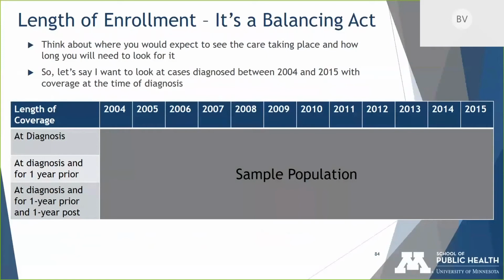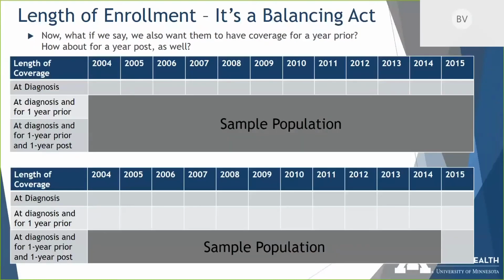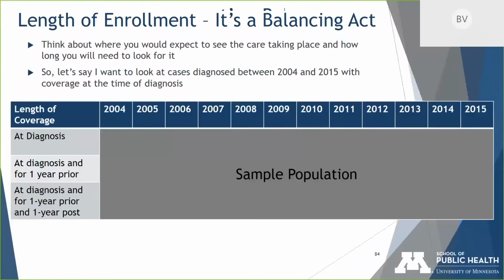So let's say we're looking at cases diagnosed between 2004 and 2015, and the only restriction we require is that our cancer cases are covered at the time of diagnosis. And by covered, I mean parts A and B, no managed care.